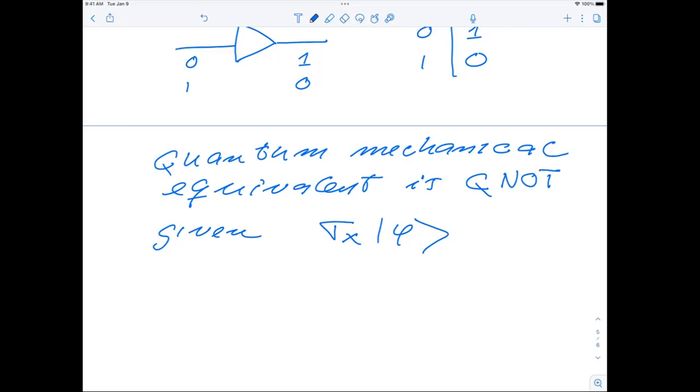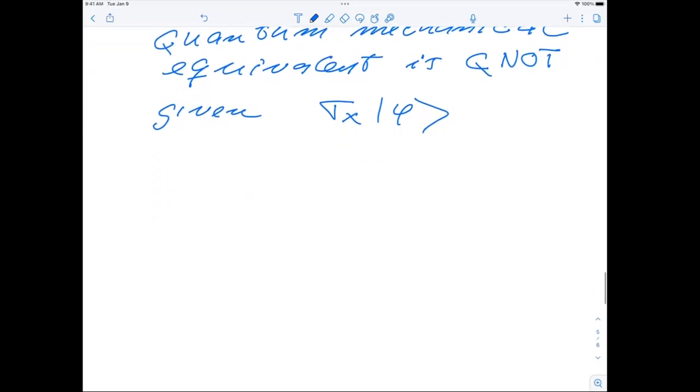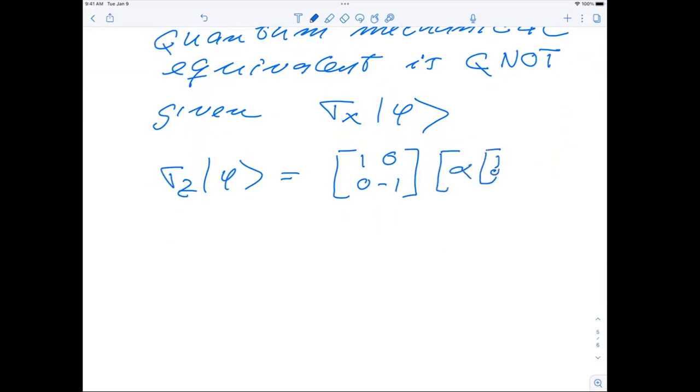Now, if you operate with the other matrices, if I take the sigma z matrix and act on this state phi, which was defined in terms of this linear combination, I have my state alpha multiplied with (1, 0), plus beta multiplied with (0, 1).